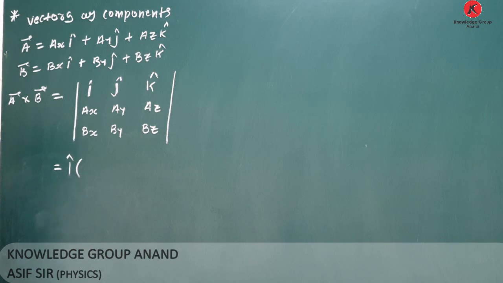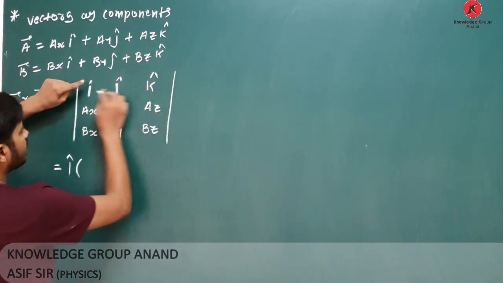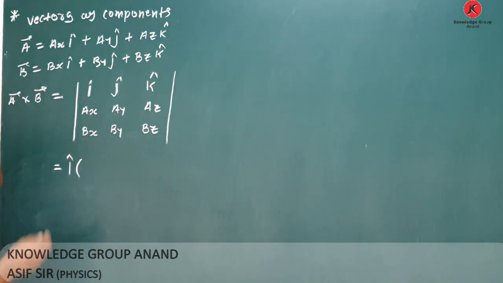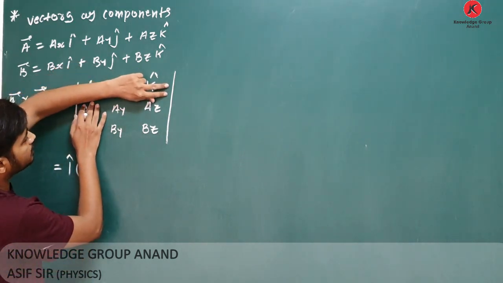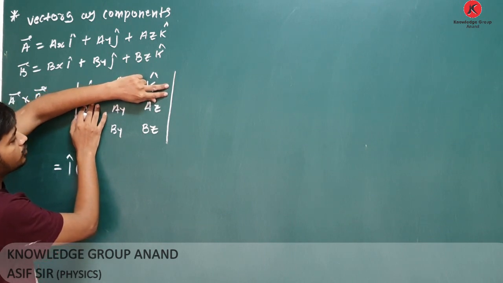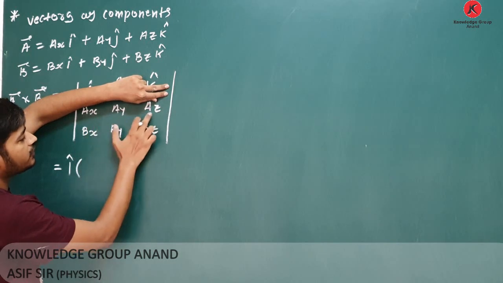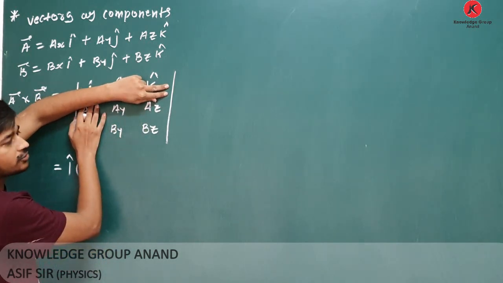Now when you write I caret, you have to hide the column and row in which there is I caret. Means if you hide this row and column including I caret, then there are only 4 elements: AY, AZ, BY and BZ. Clear about this?